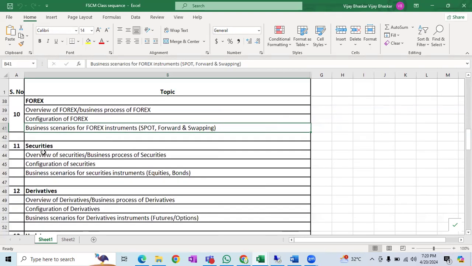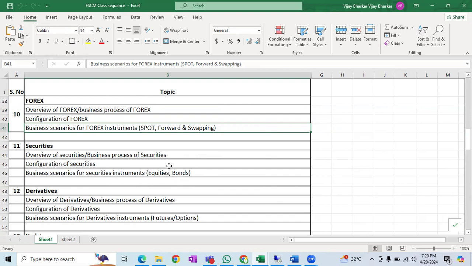Then securities: overview of the securities, business process of the securities, configuration, then business scenarios for the securities, instruments. What are the instruments? Like equities, bonds. There are different kinds. Again, bonds are divided into multiple types, but because of that I just kept it as only bonds.